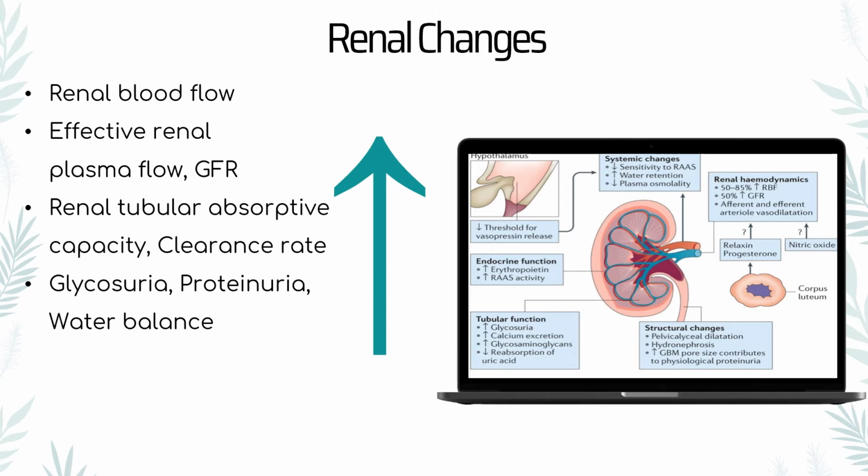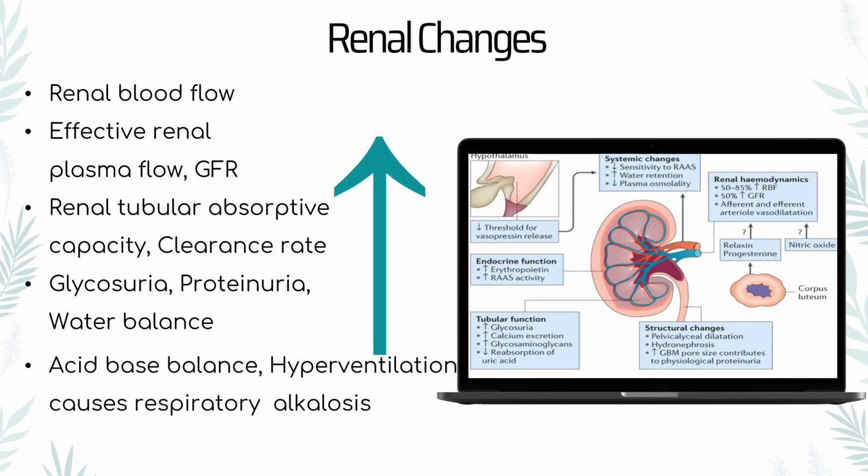Proteinuria occurs due to increase in the excretion of protein. Water balance: during later months of the pregnancy, excess of water is retained due to the decreased protein concentration, that is albumin, leading to decreased colloidal osmotic pressure.